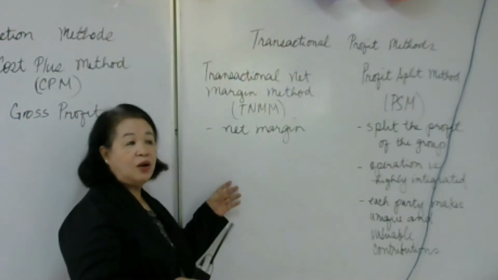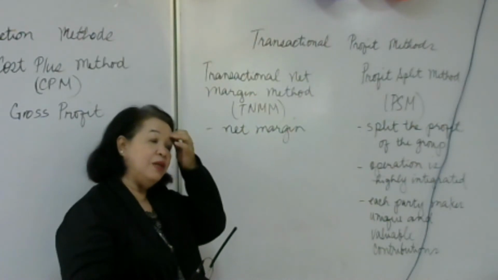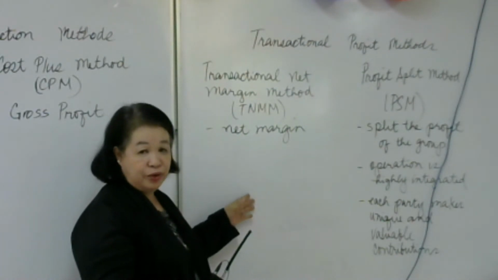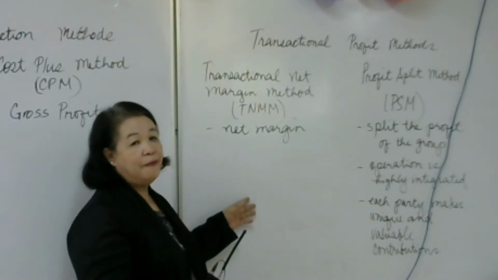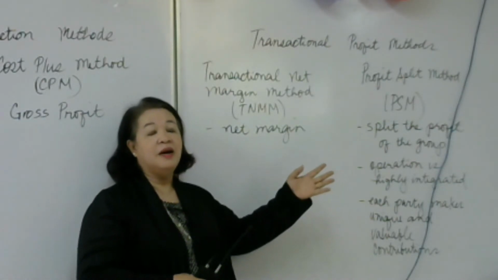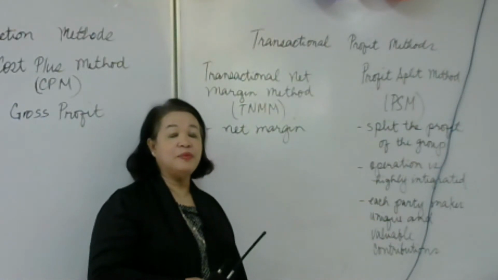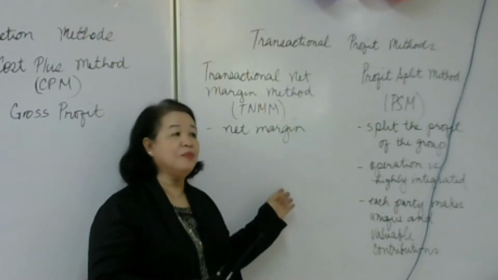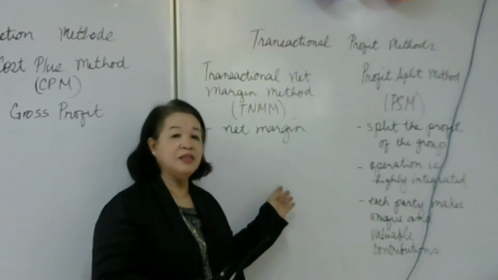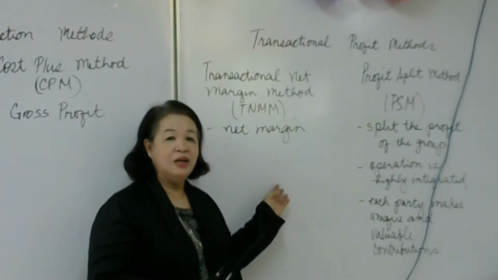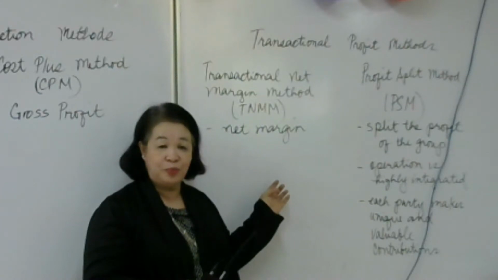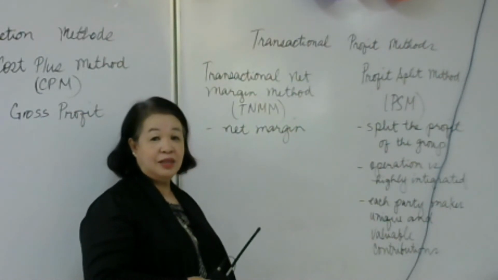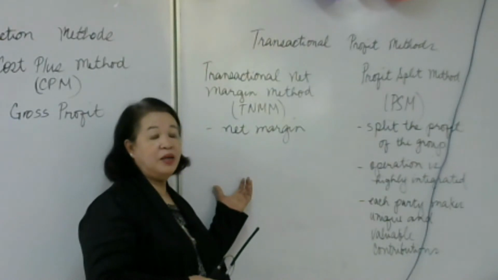Kaya nga doon sa Coca-Cola na case natin, ang profit level indicator na ginamit ng transfer pricing analyst is the return on assets, no? Kasi bakit?